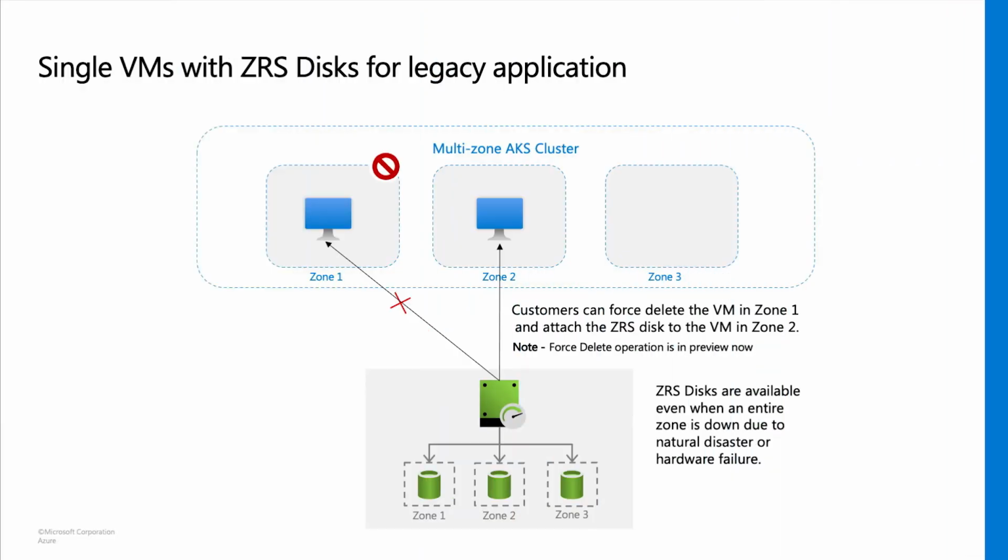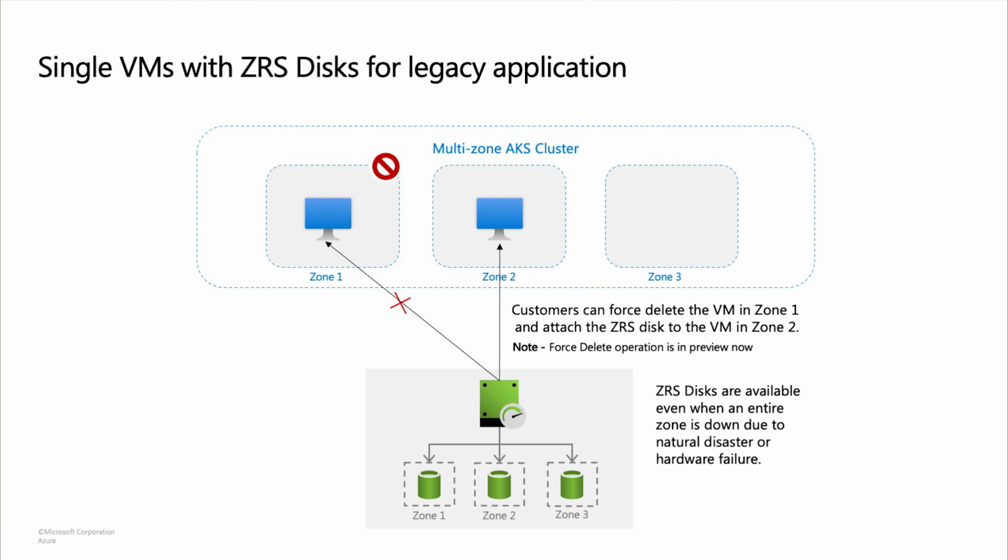So let's take an example where you're using a single VM with all the disks using ZRS storage. Now, let's say currently the VM is hosted in zone 1, and then zone 1 goes down. What you can do is force delete the VM in zone 1, which will automatically detach the ZRS disk from the VM in zone 1.